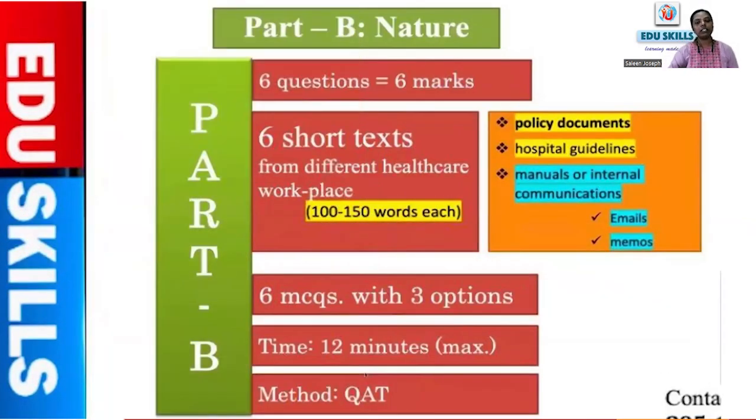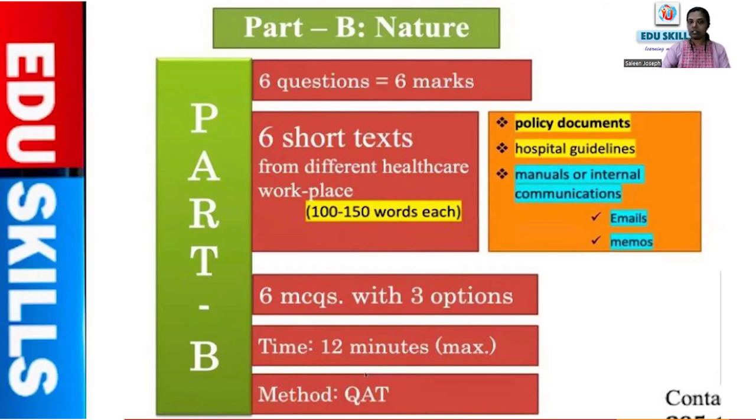Next, what do you find in part B? What is the nature of the reading part? You have 6 questions, and each question will have a short text. 6 short texts from different healthcare workplaces, containing 100 to 150 words each.